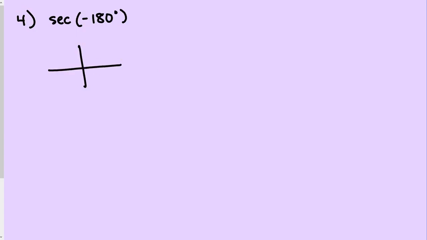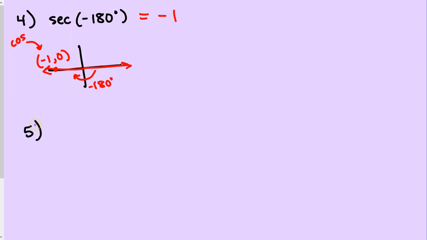So draw the picture, and then remember for negative you're just going to go clockwise. And then find the point, negative 1, 0. Secant is the reciprocal of cosine. Cosine is the x coordinate. And the reciprocal of negative 1 is negative 1.